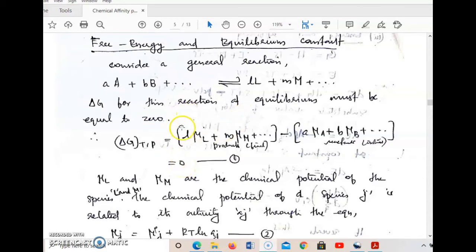So instead of free energy, we can use the term chemical potential.